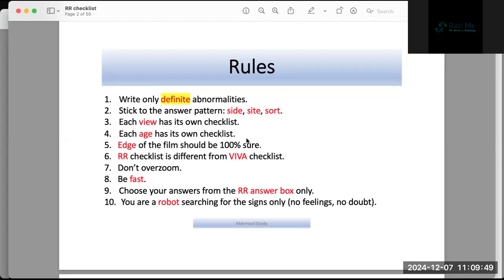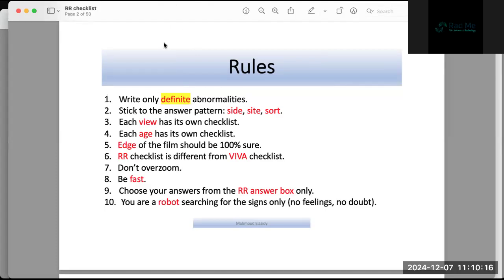The number of cases is not fixed. It is from 14 to 16: 14 normal, 16 abnormal, sometimes 15 and 15, sometimes 13 and 17. I think you care about numbers only if you feel that you put 20 abnormalities.